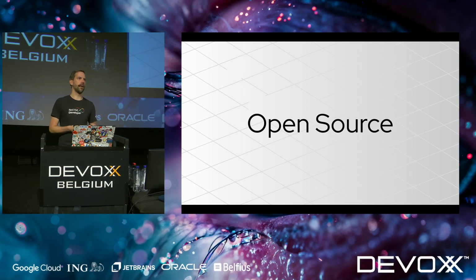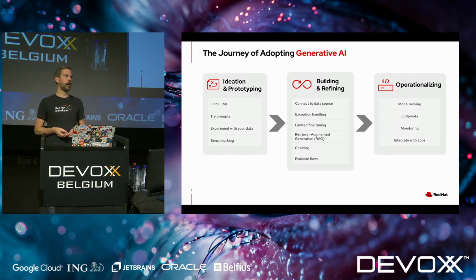Now let's take a step back and go through this path of adoption of AI, and in particular generative AI, because that's what we're doing today. That's what a lot of the hype is about. The typical path, if you want to get started, is probably something like this. You start with some sort of ideation and prototyping, where you maybe find an LLM.